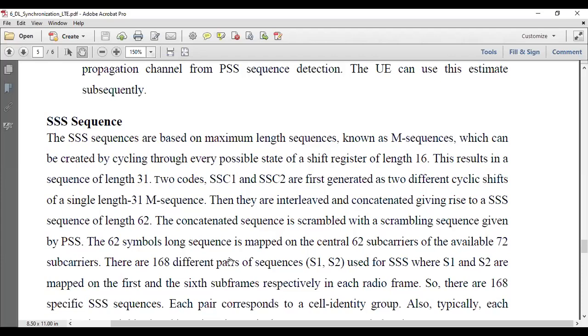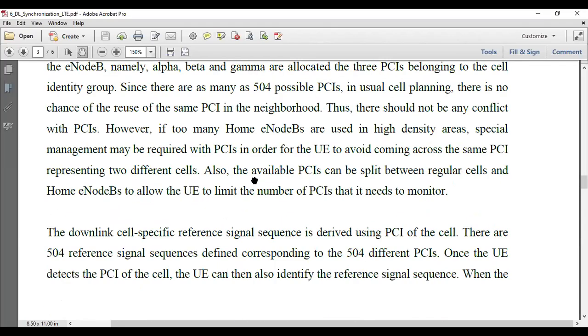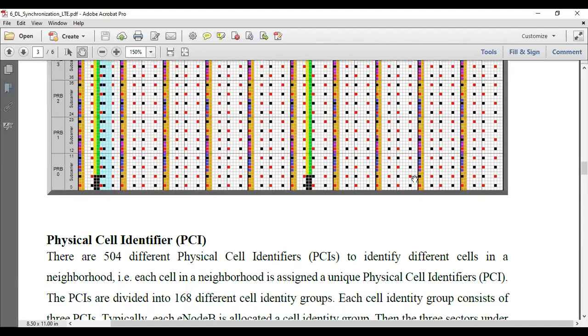Since you know which one comes first and which one comes next, you know which one is the first. For example, if you have powered up here, you detect PSS first, and then you hit this SSS first. You have got something, then you hit this one.